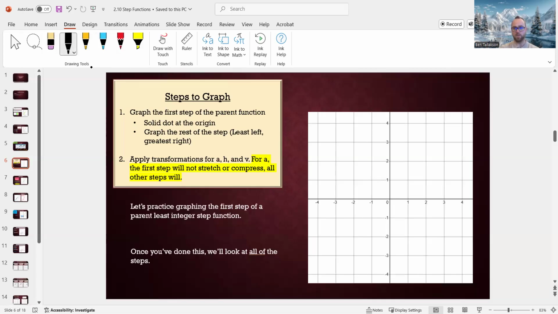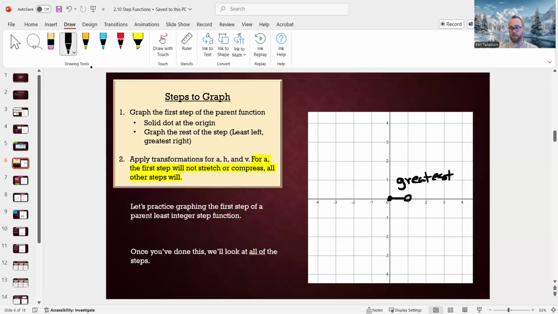You would start with the solid dot at the origin. If least is left, then greatest is right. That would be the first step of the greatest integer step function. Again, this is for the parent function. And then you would apply transformations for A, H, and V.